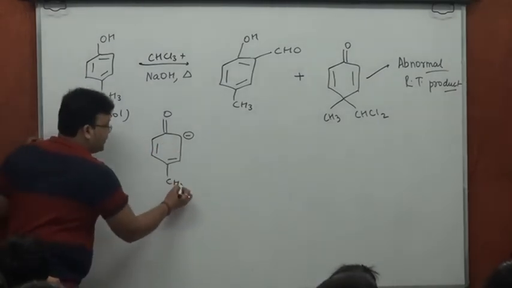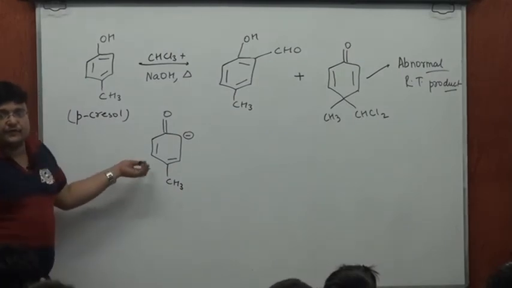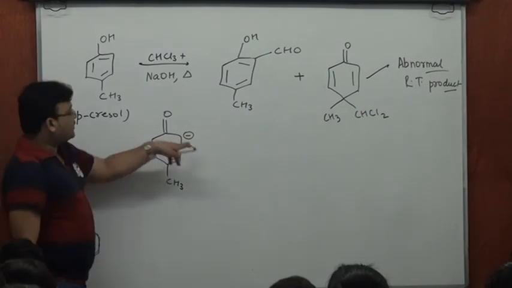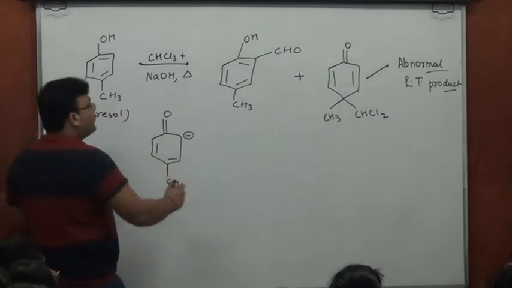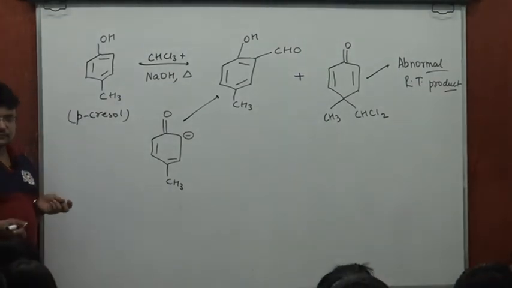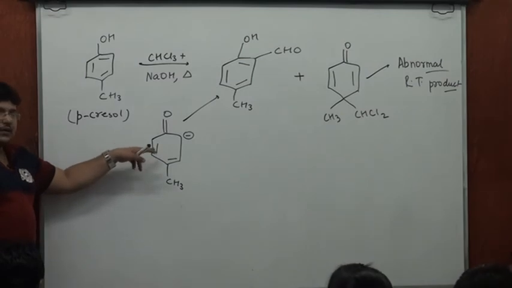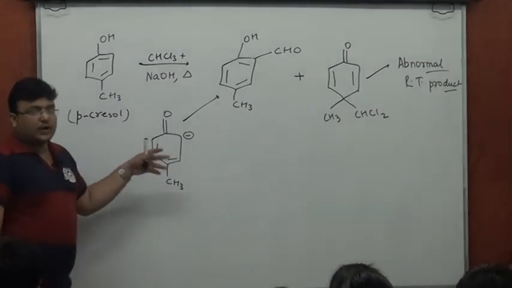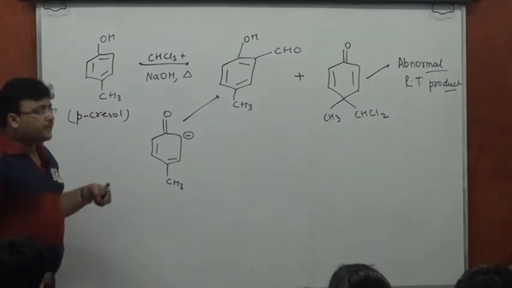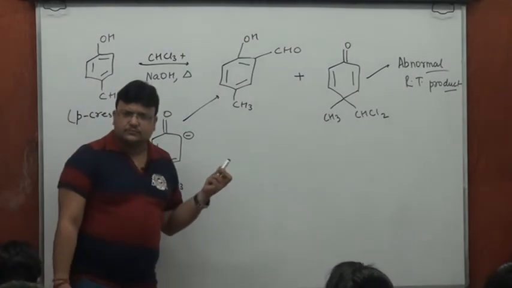I'll need to draw a CH3 here. This resonating structure of phenoxide is responsible for the formation of the expected product. Yes or no? With ortho electron rich, it would have invited the electrophile CCl2, dichlorocarbene, and then it would mature to this expected product. Yes or no?